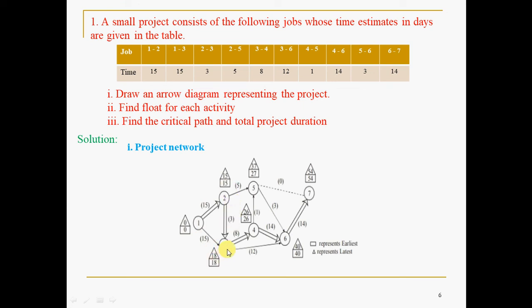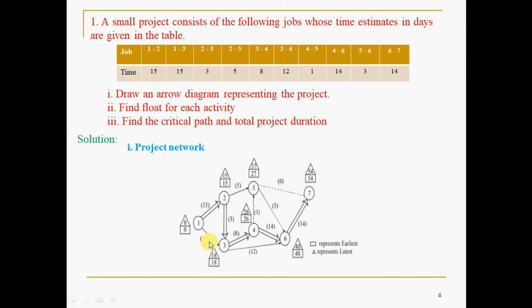Why higher? That is called the critical path. If you spend 18 days, these 2 activities also will be over. Whereas if you spend 15 days, only this activity is completed. Because what is the value of the square box? It is the status of the project at this node. If you spend 18 days, you can reach node 3. In other words, this activity as well as this activity will be completed.